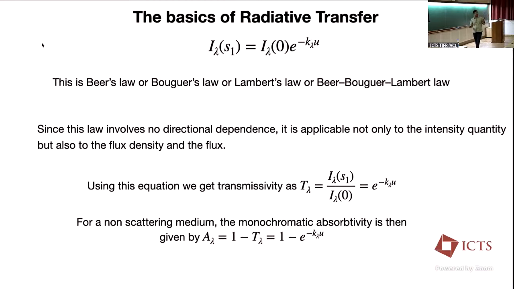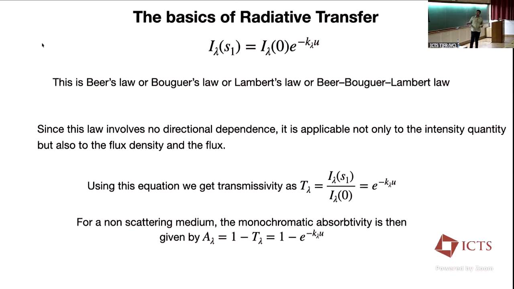One more thing to mention: since this law involves no directional dependence, it is applicable not only to intensity, but also to the flux density and the flux. Because of the limitation of time, I have not gone into explaining what intensity and flux are, and I'm assuming you have learned that. Flux is basically integrated over the solid angle, and intensity is per unit solid angle. But the Beer-Lambert law can be used for both intensity as well as flux.